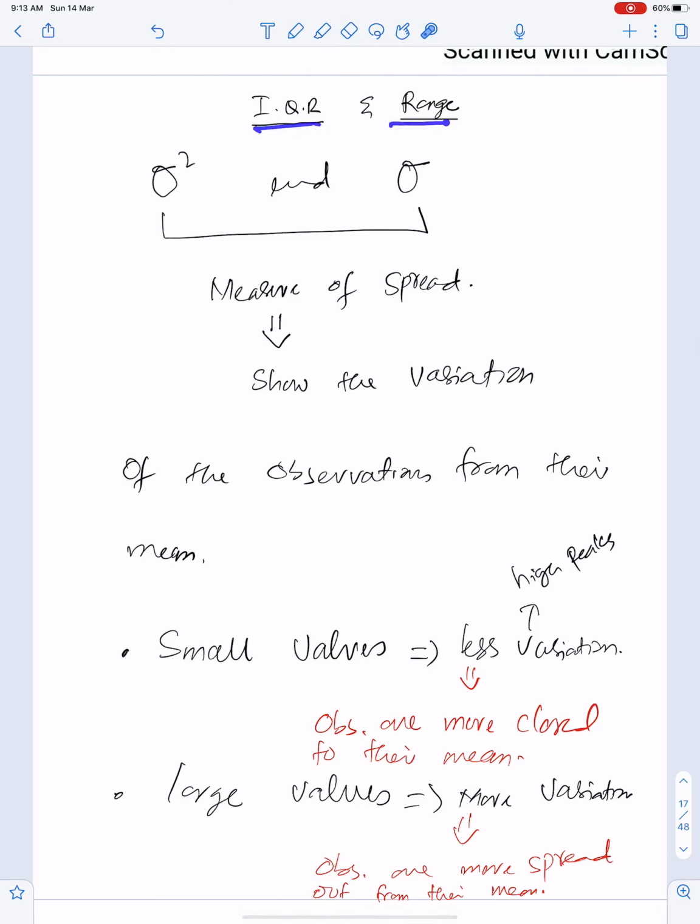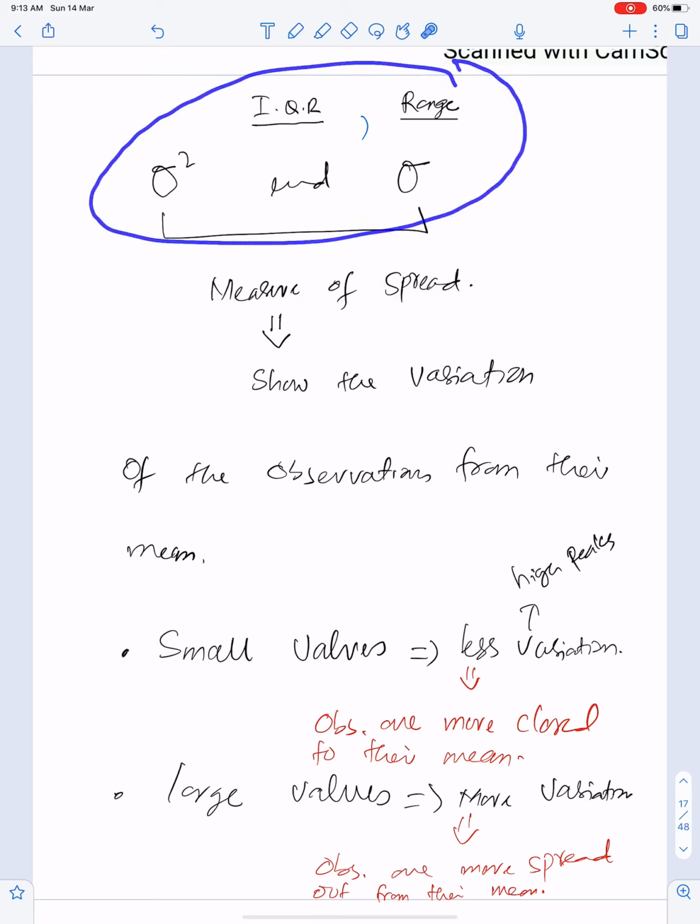IQR, range, sigma square and sigma. All these four quantities are known as the types of spread. These are measures of spread. They all show the variation of the observations from their mean.